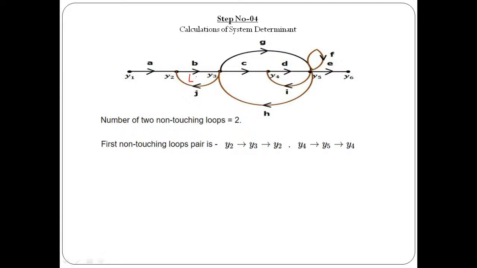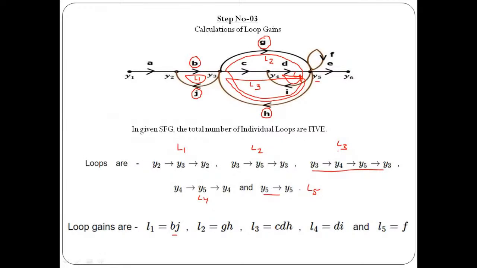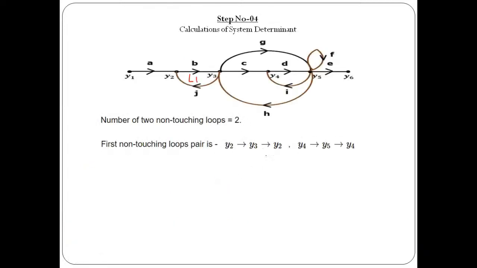This will be your loop number 1, followed by Y4, Y5, and then Y4. So I think this will be your loop number 4. Yeah. So loop number 1 and loop number 4 are a pair of non-touching loops.